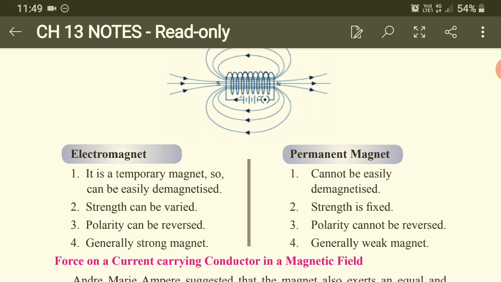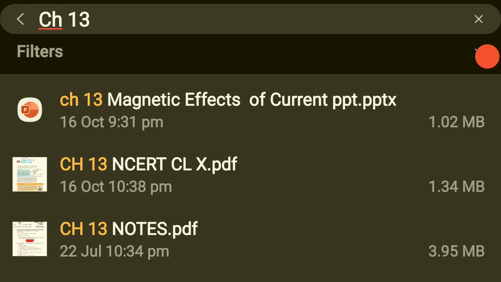Another alloy is Alnico, which is an alloy of aluminium, nickel and cobalt, etc. So these are certain alloys which can be used to make permanent magnets of our desired strength.